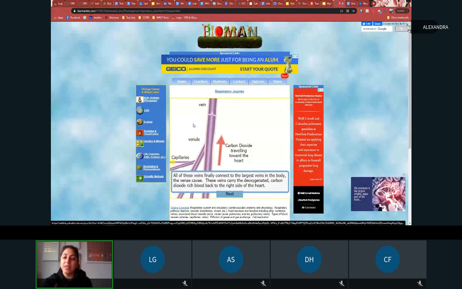This does a really good job of explaining how it interacts and where it goes and how it works with your heart, and diffusion through the cell membrane, and then the difference between an artery and a vein, and oxygenated blood versus deoxygenated blood, and how carbon dioxide goes up towards the heart. I think it's pretty good at that.